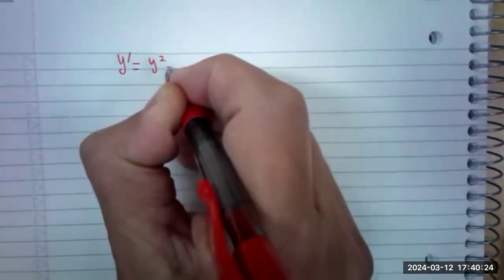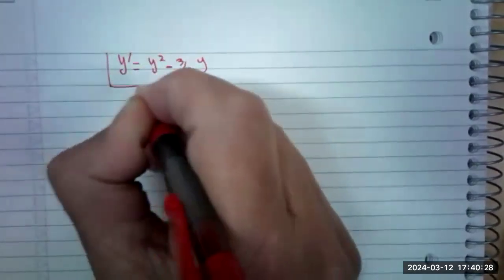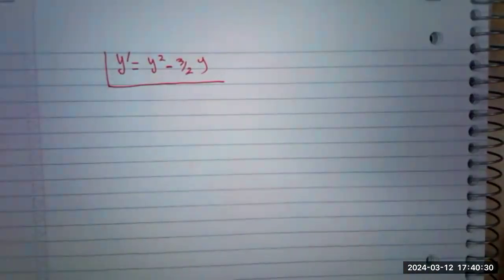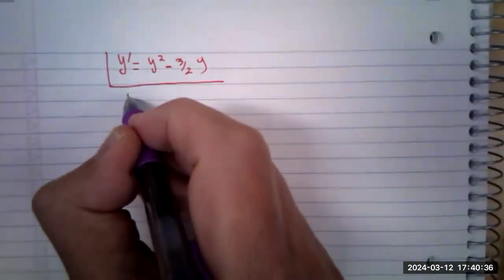So, and this is it. So y prime would be, remember y prime was y squared plus c1y. So y prime would be y squared minus 3/2 y. So this is what we get so far. We have to continue to find the y. Okay, replace y prime by dy/dx and continue.